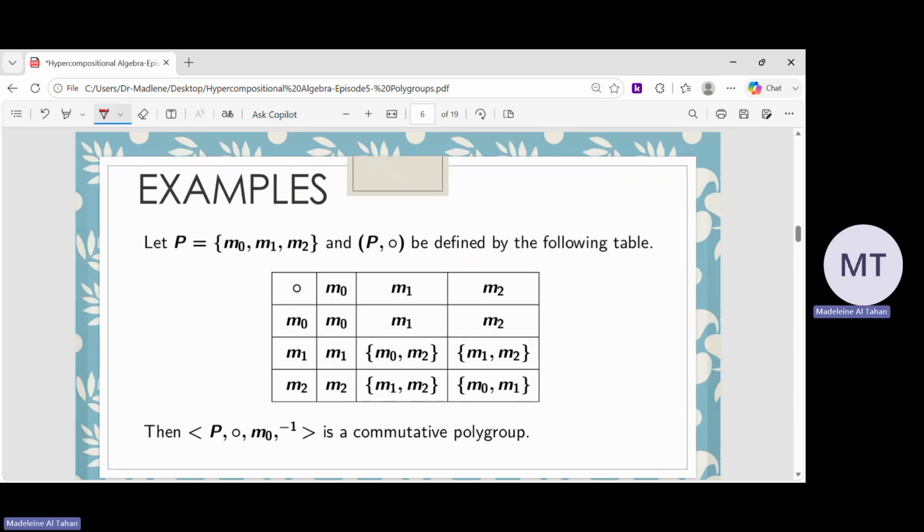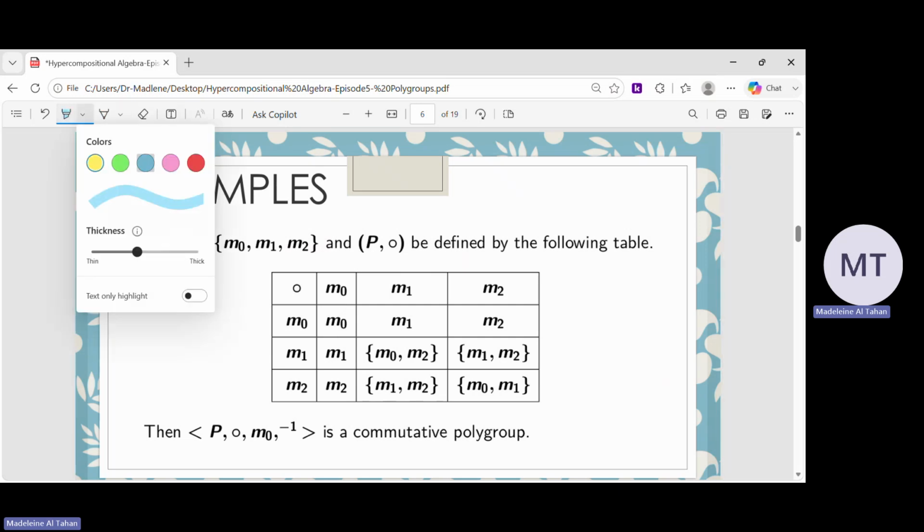The best way to understand a new mathematical structure is through examples. Let's examine the examples that we have in these slides. First, we need to determine whether this one is a hypergroupoid. Now, if you look at each column here, let's highlight the columns.